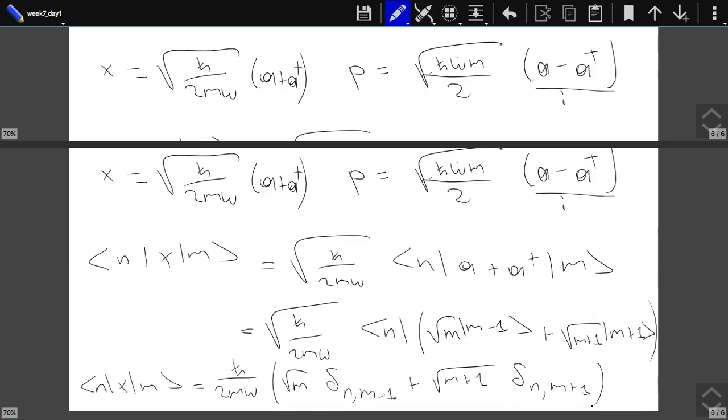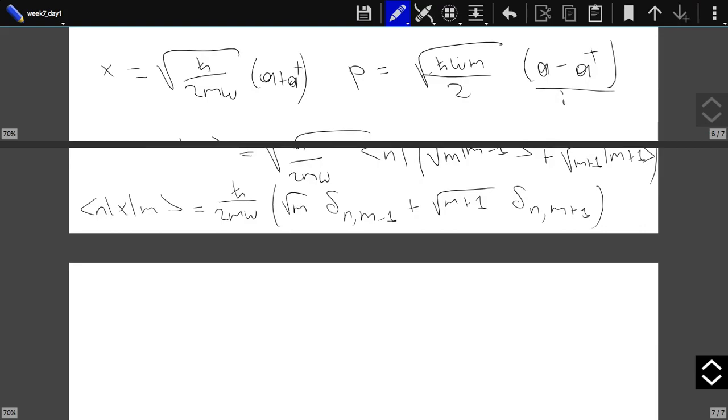So this is not a diagonal matrix, but the only non-zero elements are the elements just above the diagonal and just below the diagonal. What is interesting? Well, this one, not much really. But let's look at this one. This is just 0. The diagonal elements are 0. So this basically tells me that the average of the position is 0.